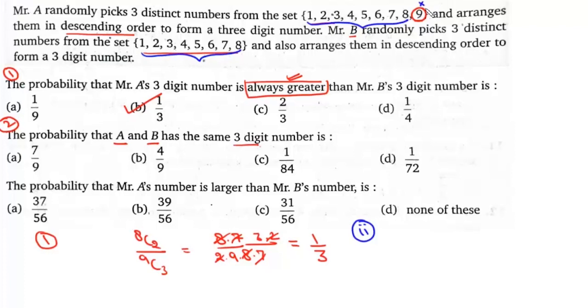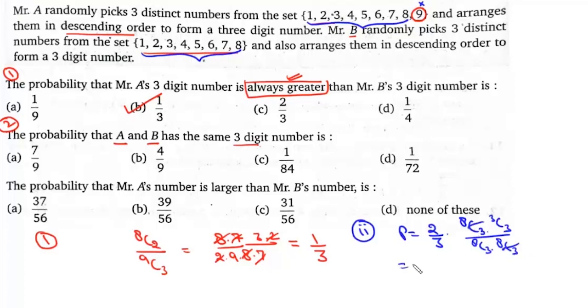The probability that A is going to pick 9 is 1 by 3, so the probability that A will not pick 9 will be 2 by 3. Now we have 8 numbers available to both, and from these 8 we have to select any 3. It can be done in 8C3 ways. Now Mr. B must choose the same numbers, so it will be simply 3C3 divided by 8C3.